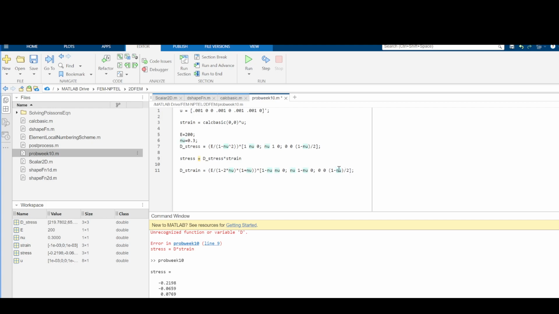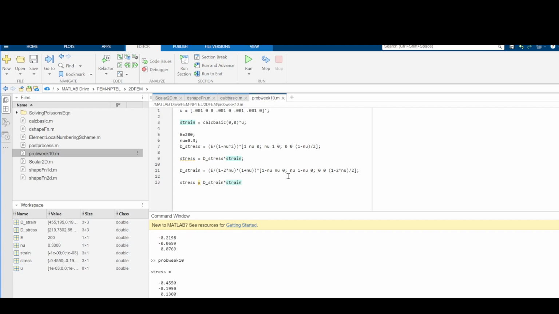Here also we have 1 minus 2 nu. So our stress now is, okay, so these are the values of stress now.